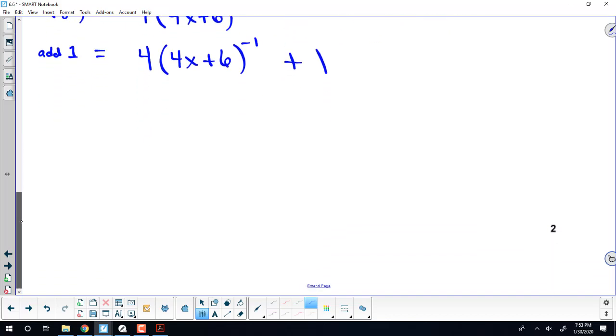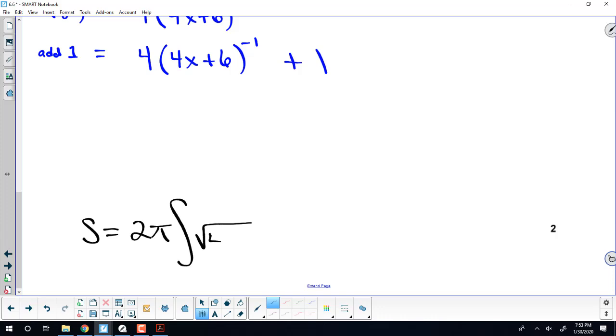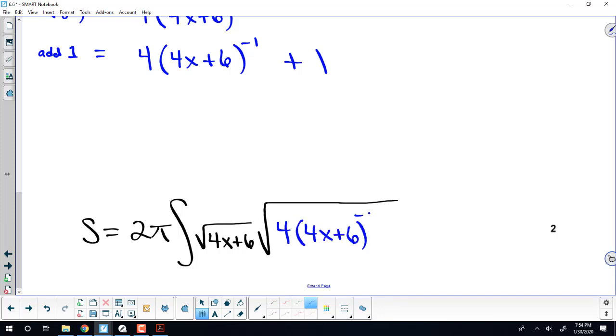Moreover, not only do I have to take the square root of it, but when I compute the surface area, I have to say it's 2 pi times the function times the arc length. So this is initially what we would be looking at if we didn't put any more work into this.